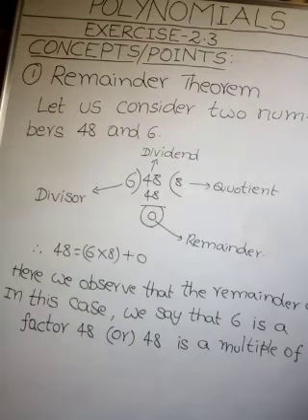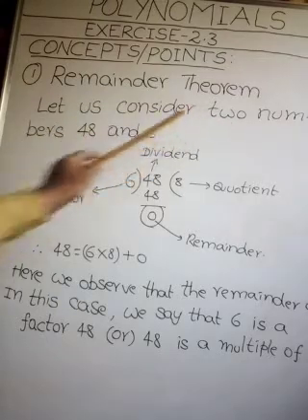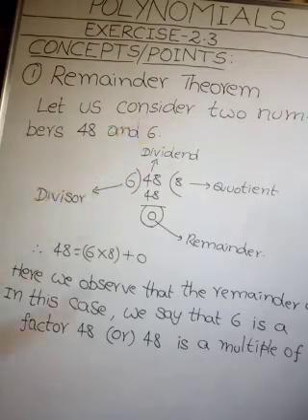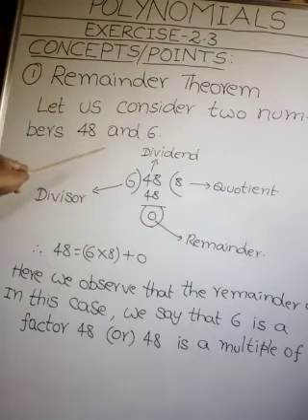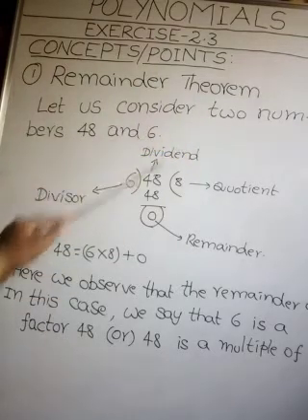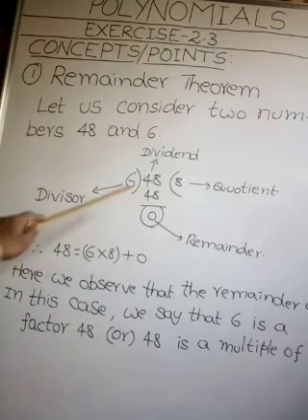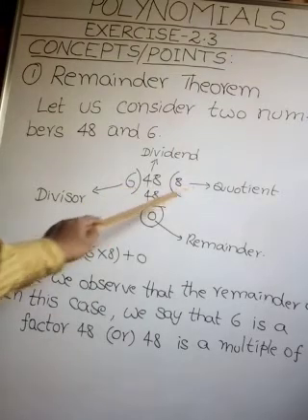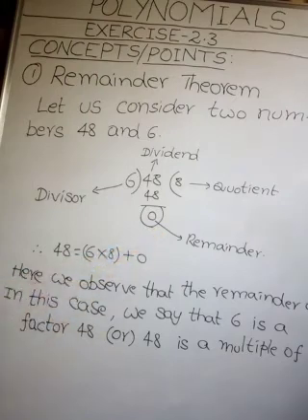Now, let us take another example. Let us consider two numbers 48 and 6. If you divide 48 by 6 using long division, what do you get? 6 eights are 48. Then what will be the remainder here? 0.